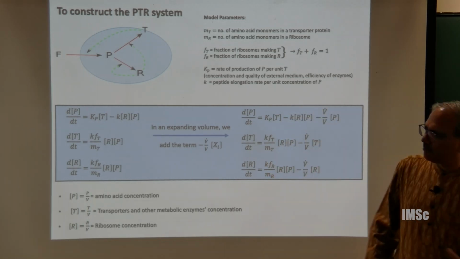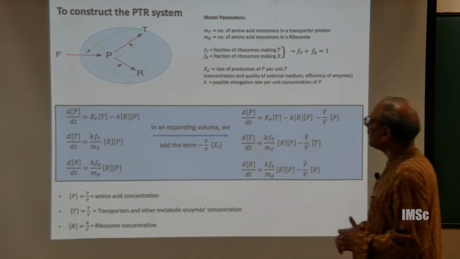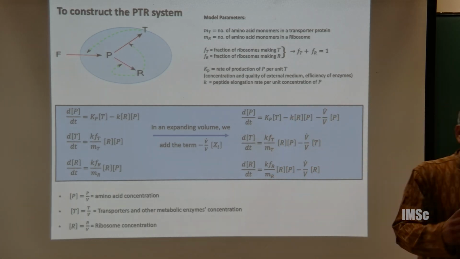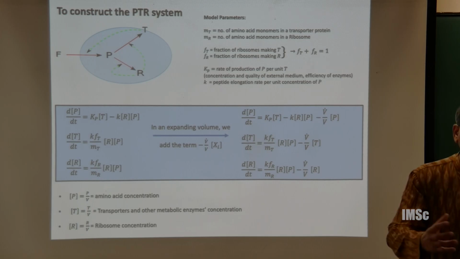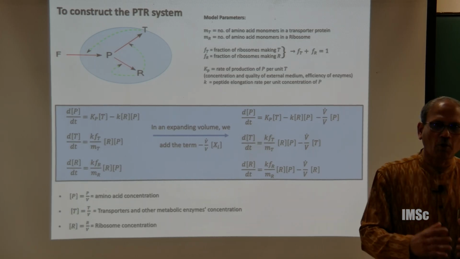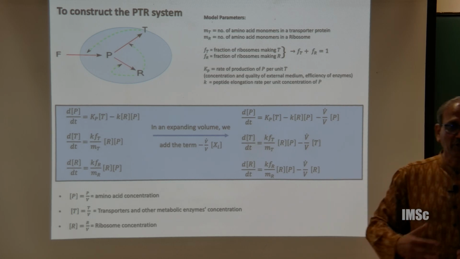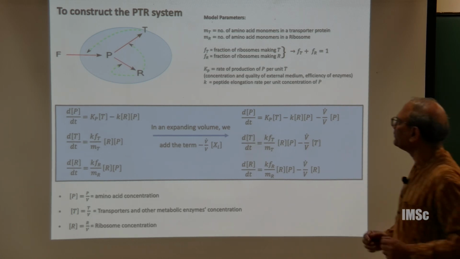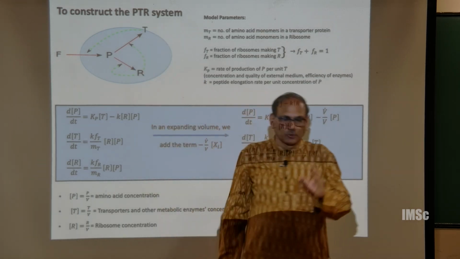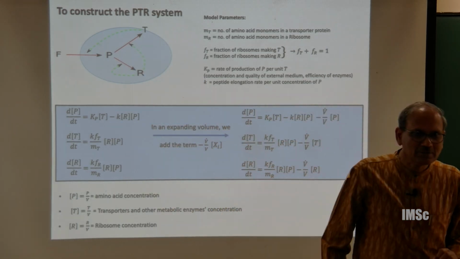So it could, in some senses, represent other metabolites which are building blocks. P stands for precursors, building blocks of the macromolecules, out of which the macromolecules are going to be built. T and R are two pools of macromolecules.